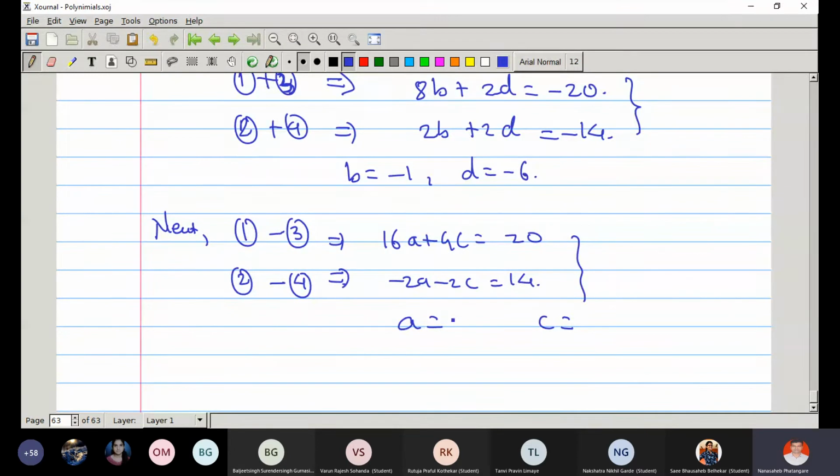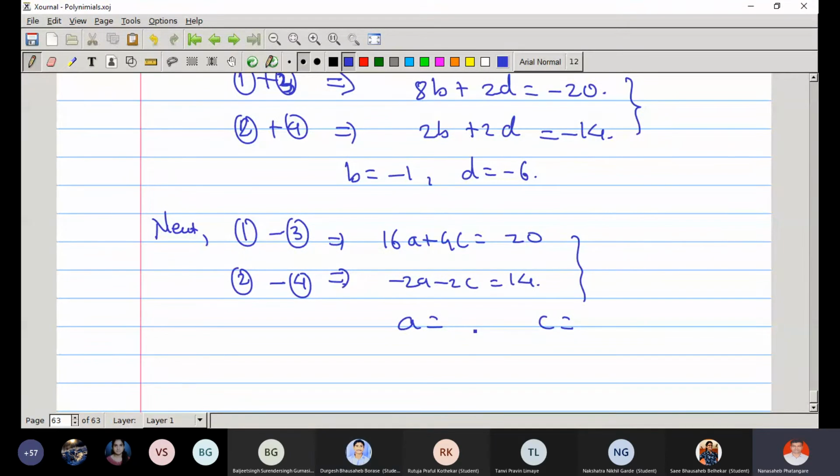What are the values of a and c now? A equal to 17 by 6.